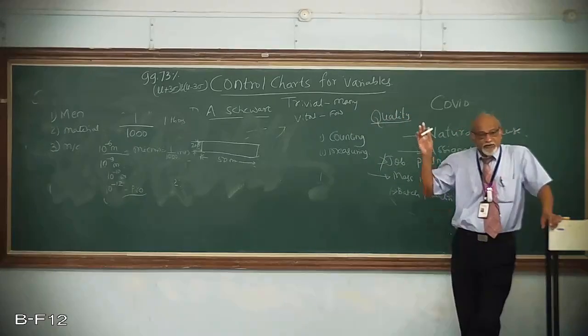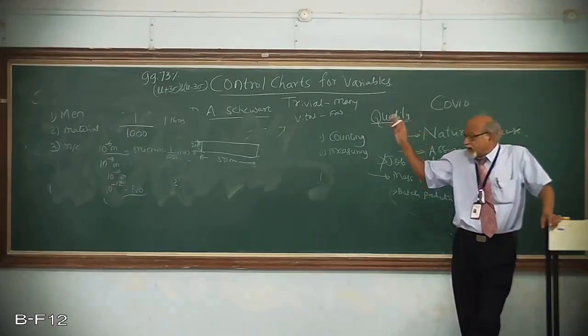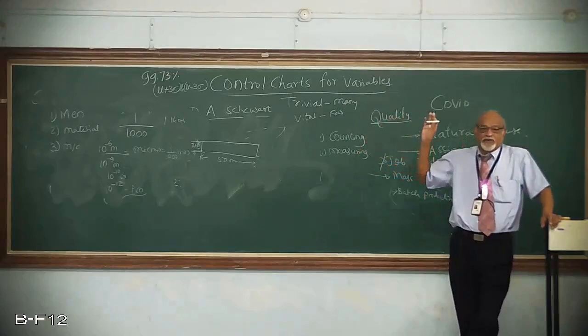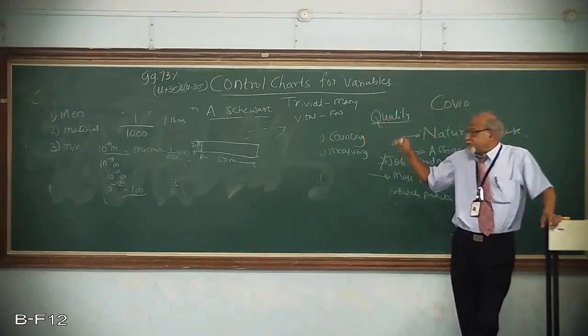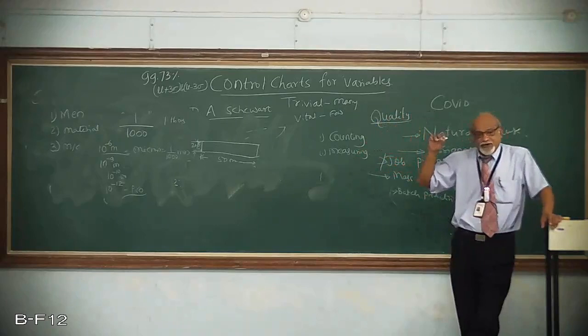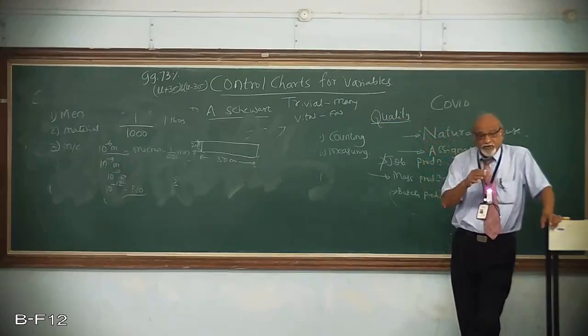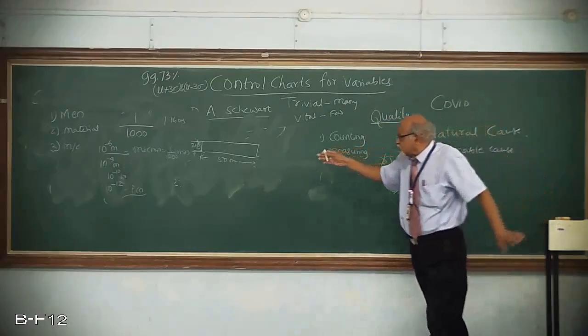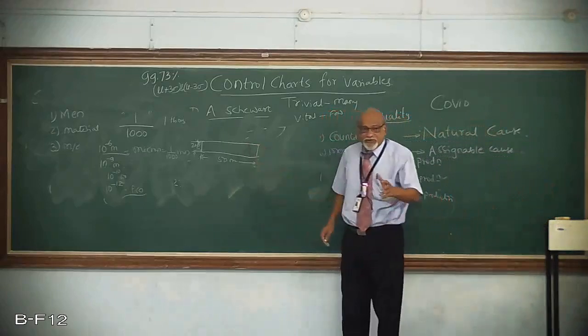So we can make these variations into 5 categories. One is, because 1,000 or 10,000 parts are to be manufactured, only one person will not manufacture them.